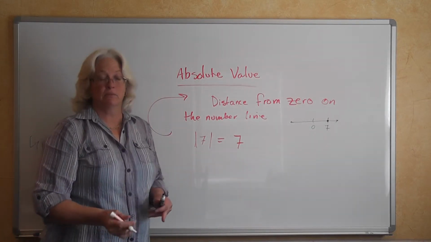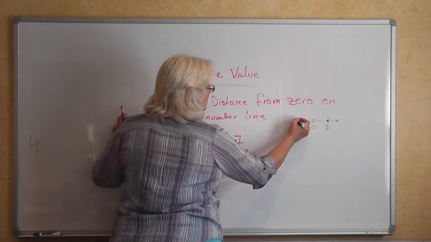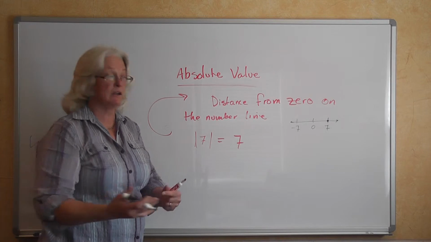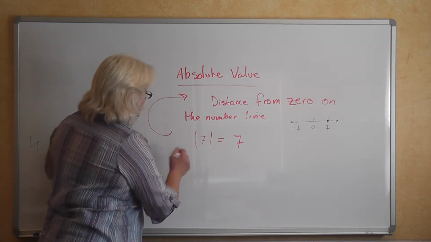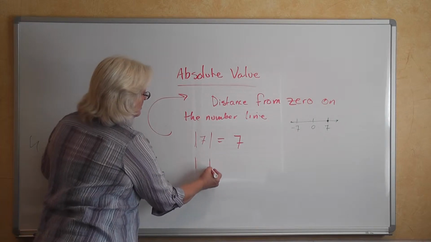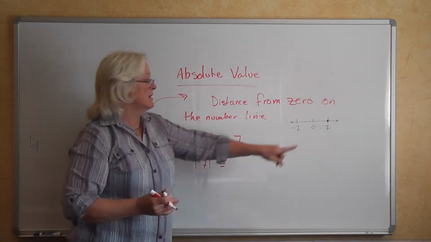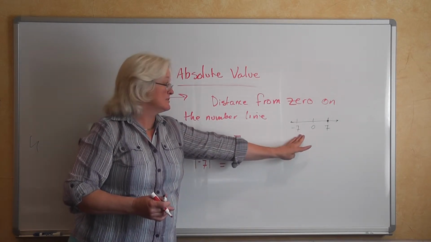It's 7. Now, how far is it to go from 0 to a negative 7? Or, what is the absolute value of a negative 7? How many units from 0 on the number line is a negative 7?